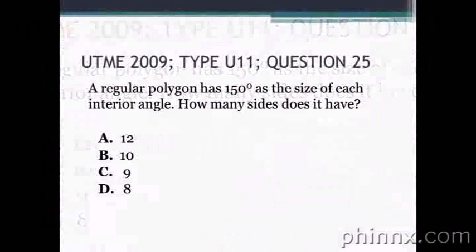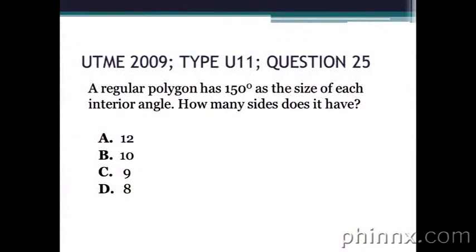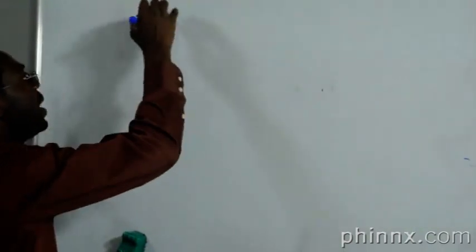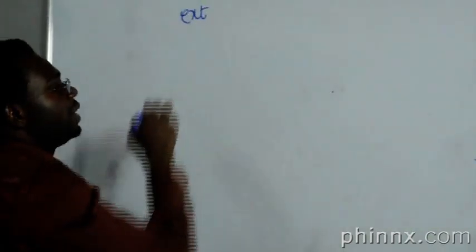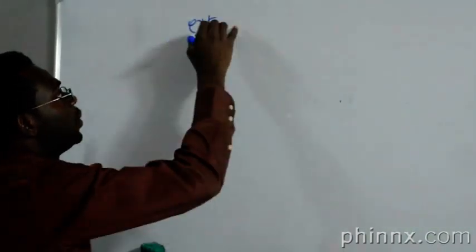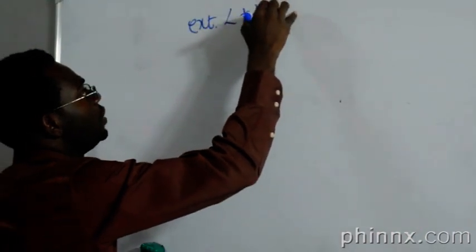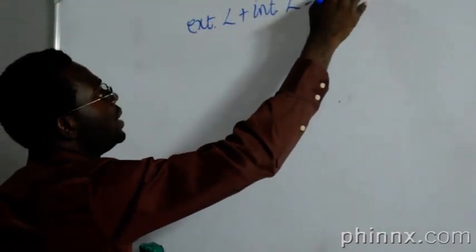Option A. And the next question says, a regular polygon has 150 degrees as the size of each interior angle. How many sides does it have? Now, you have to know that the exterior angle and the interior angle of any polygon are supplementary. Exterior angle plus interior angle equals 180.